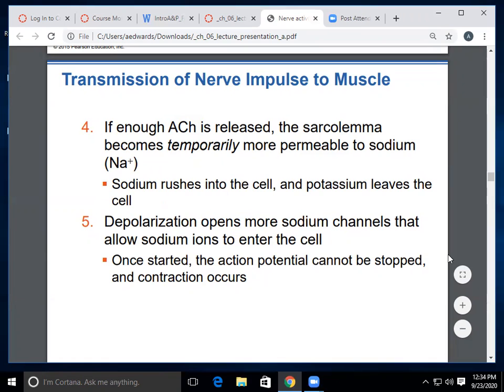Okay, and that creates a difference in charge, and that leads to something called depolarization. And at depolarization, you're going to get opening of more sodium channels. And that just leads to even more sodium ions getting into the cell.